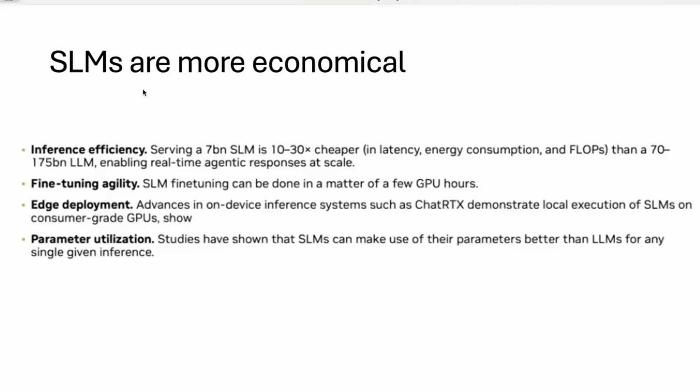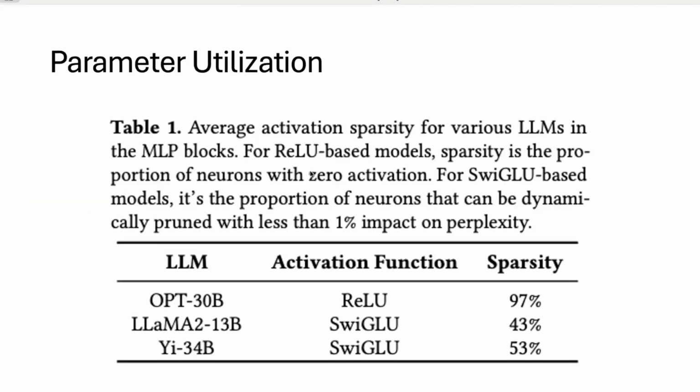And then I think the next point is parameter utilization. There is research showing that SLMs can make use of their parameters much better than LLMs. This is what parameter utilization means.